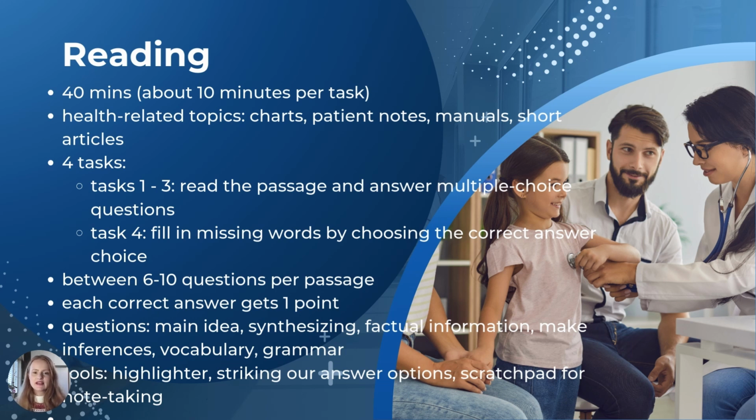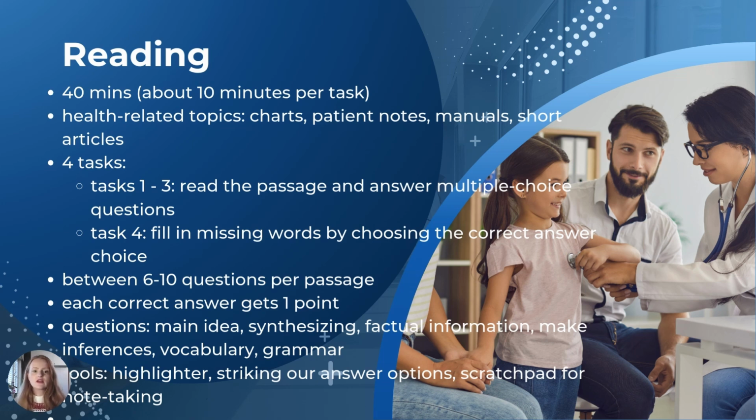In the reading exam, they give you some tools which you don't have for the listening, but they give you a highlighter option for the online exam. Also, they give you an option to strike the answers. More often than not, in the CELBAN exam, the multiple choice questions typically have answers that are not mentioned or that are the opposite of what you read in the passage.